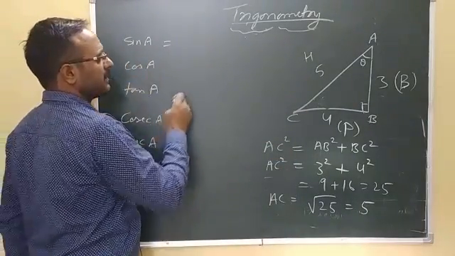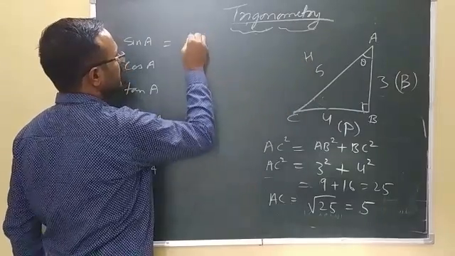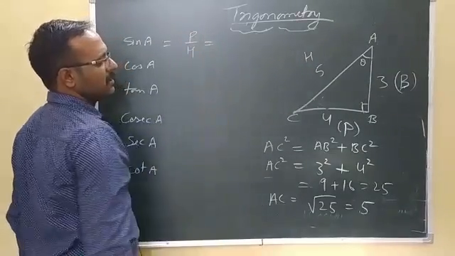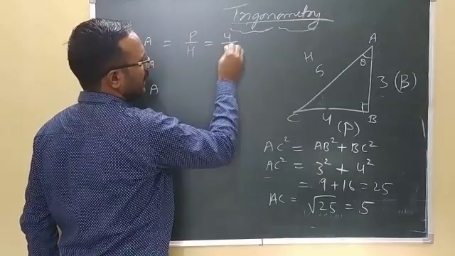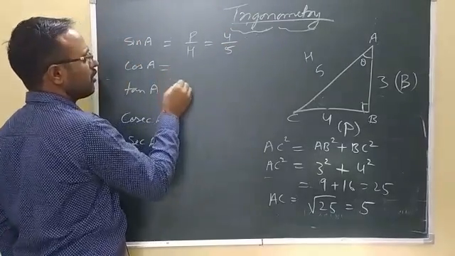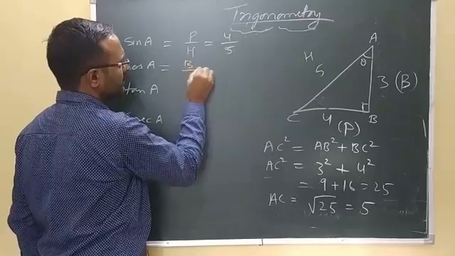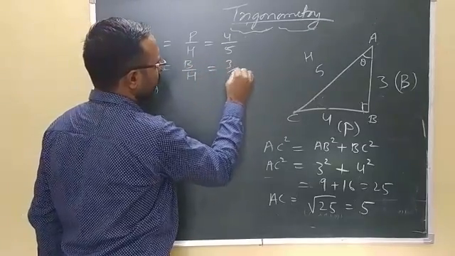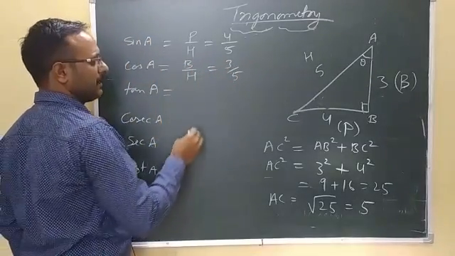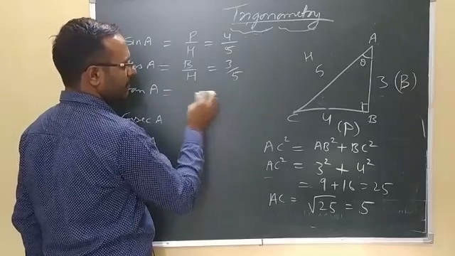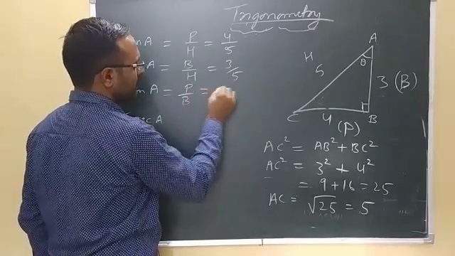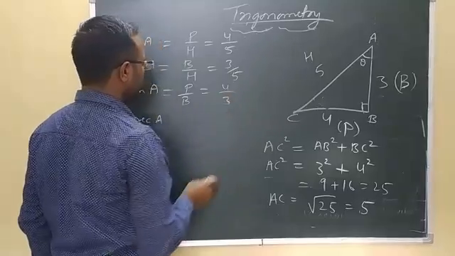So what is sin A? Sin A is P upon H formula. So P here is 4 and H is 5. Cos A, this is B upon H, so 3 upon 5. Tan A, this will be P upon B, which is equal to 4 upon 3.